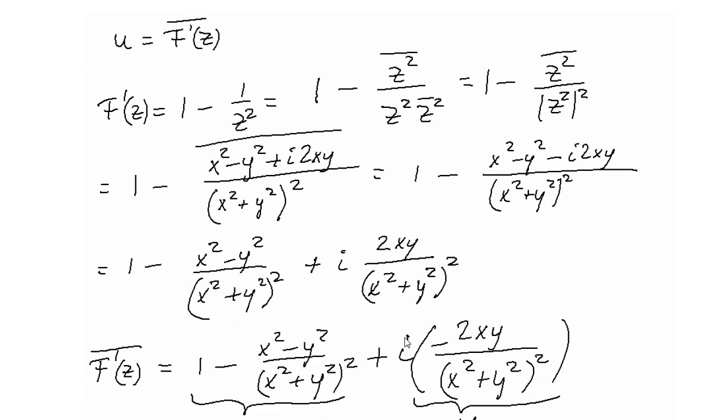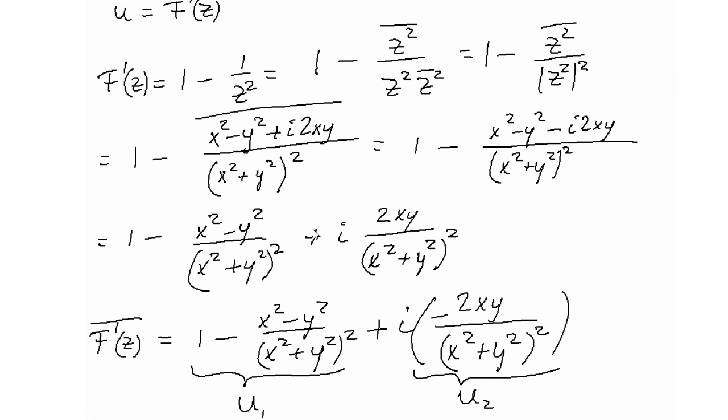And we obtain trivially this. So what we have found now is that the derivative of this complex potential conjugated is equal to this real part plus i multiplied with this imaginary part.